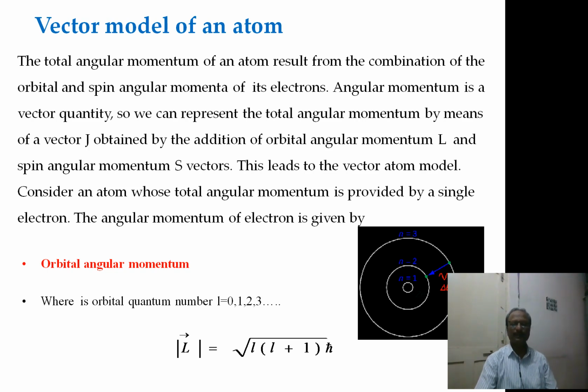This orbital motion and spin motion are responsible for the total angular momentum vector J, because the orbital angular momentum vector L and the spin angular momentum vector S combine together to form the total angular momentum vector J.